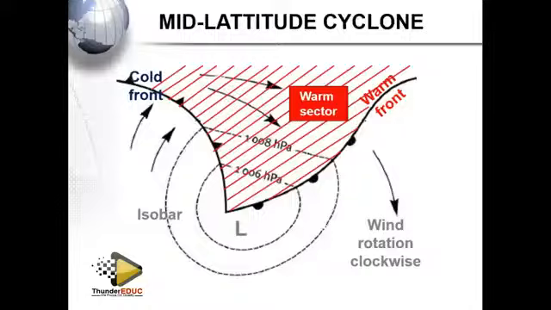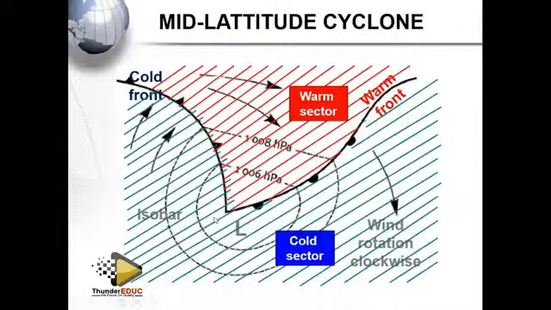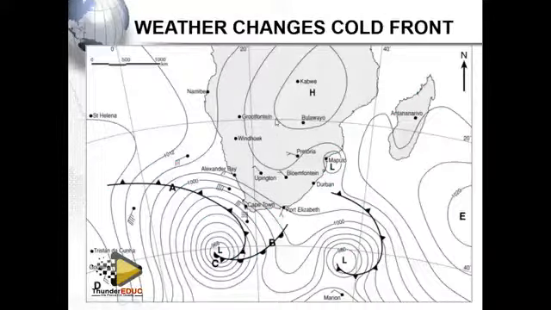The whole of this sector that you see shaded with the red lines is going to be the warm sector. Then the whole of this sector at the bottom, shaded with that kind of color, is the cold sector. So the cold sector is covering this whole section, and the warm sector is covering that whole section. That is basically explaining what we call the stages of a mid-latitude cyclone.